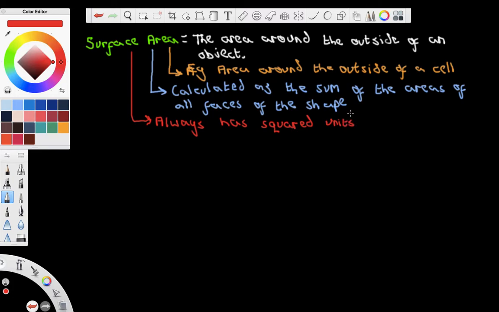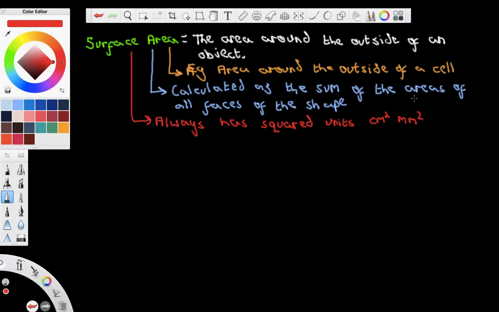What we mean by that is if you've got a unit of measurement such as a centimetre or a millimetre, you need to put a little 2 above those units. That shows that it is area.